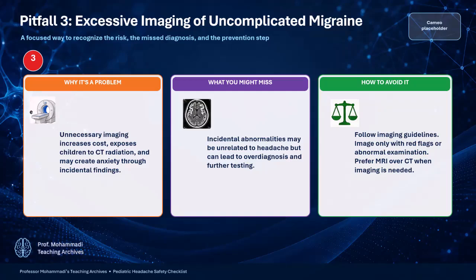Incidental abnormalities may not be related to the child's headache, but they can still lead to overdiagnosis, repeated testing, and unnecessary worry for families. The key is to follow evidence-informed imaging decisions. Image when the clinical picture supports it. When imaging is needed, MRI is usually preferred over CT unless an urgent situation requires a different approach. Next slide, please.